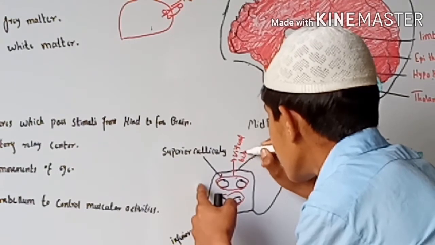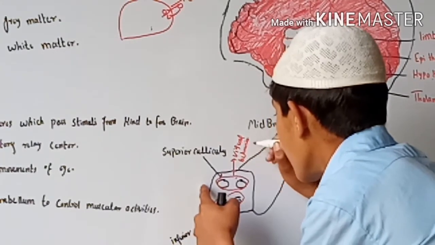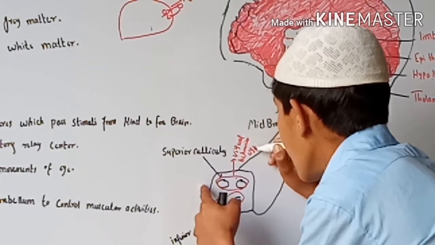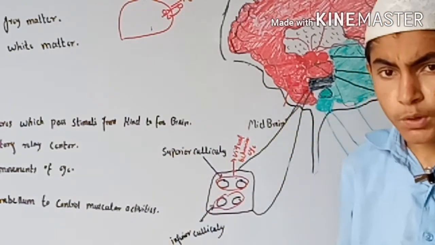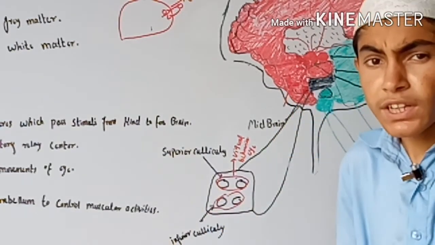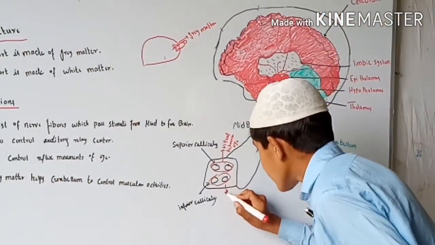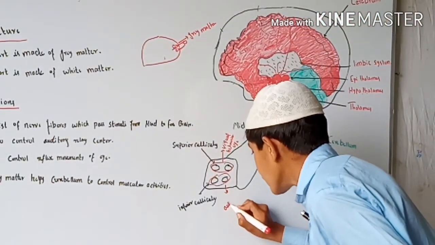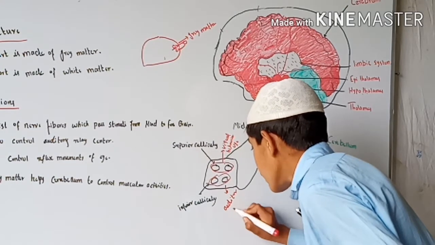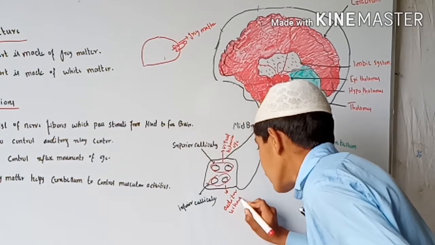behavior, our eye movement. It is involved in seeing through the eye, and it controls our auditory behavior.